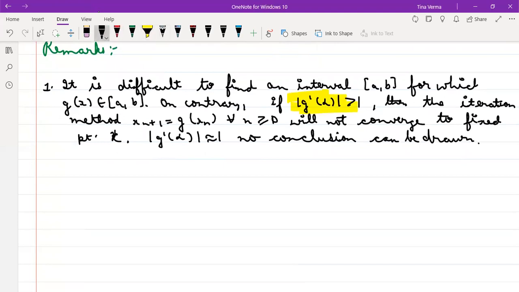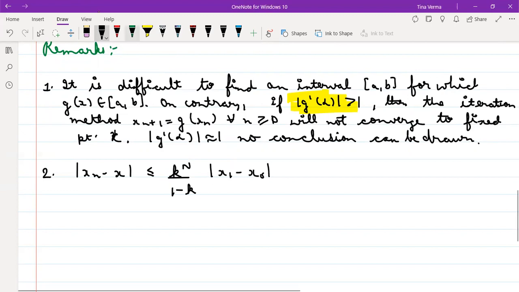The second remark, for finding the accuracy, you can also do that if your method is converging, then this holds: |xn − x| will be less than or equal to k raised to the power n upon 1 minus k, and so what it says, n here is the number of iterations.